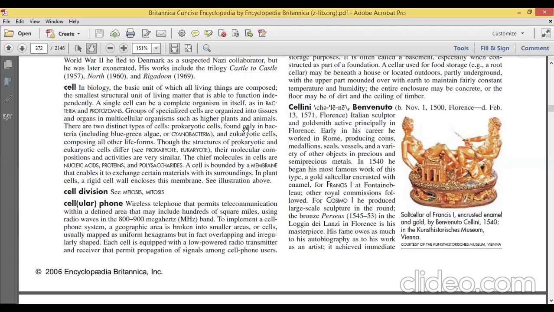So now, since we know what is meant by a mobile phone and a landline phone, tell me what are the advantages and disadvantages of a landline, and what are the advantages and disadvantages of a mobile phone? What do you think? Do you have any ideas?